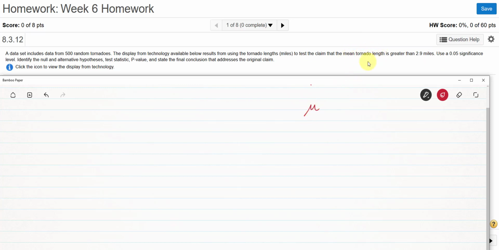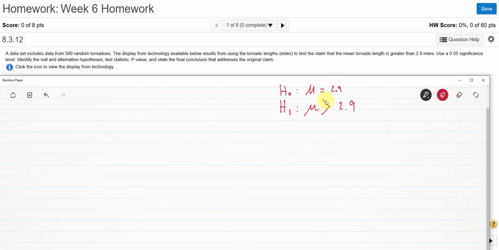So the mean is greater than 2.9. In order to make the null and alternative hypotheses, anything without the equal sign belongs to the alternative hypothesis. Therefore, your null hypothesis is the one that has the equal sign to 2.9.